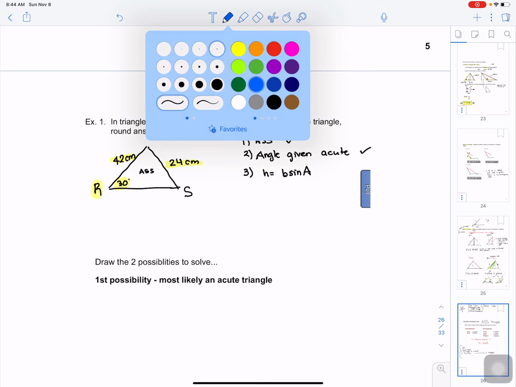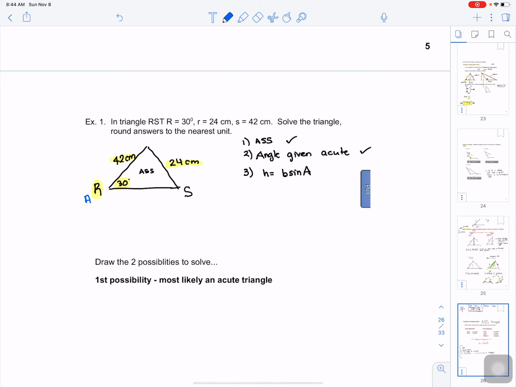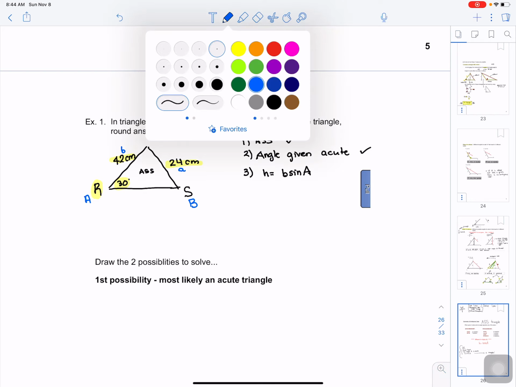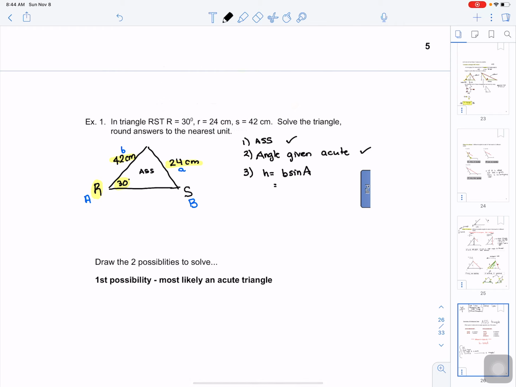So I'm going to put some letters in blue. This is my angle A, my side A. This is my B, and this is my side B. Okay, if it helps, I'm going to calculate B sine A, which is 42 sine of 30 degrees.